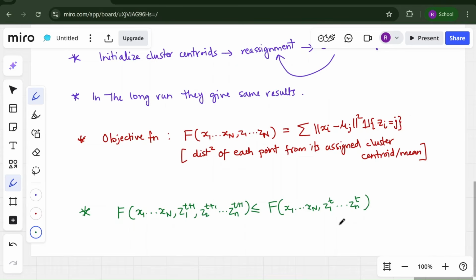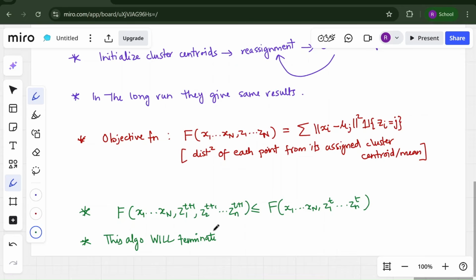One more thing to notice is that when the algorithm terminates, I will mention two things here. First thing is that this algorithm will terminate. It will never go on running. I think you can see why, because there are only finitely many possibilities of cluster centroids, and it's always reducing, so it cannot go down infinitely.